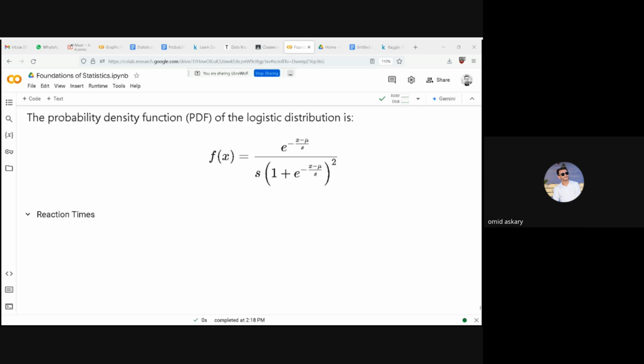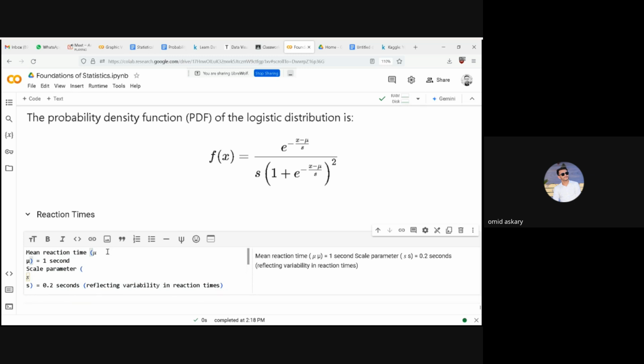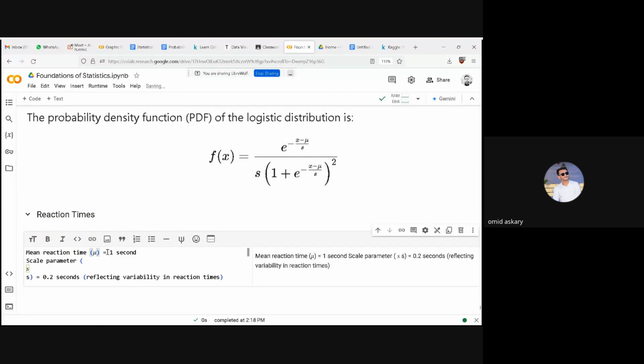You have, for example, a mean reaction time, assuming that it's 1 second, and you have a scale parameter reflecting variability in different reaction times. It is 1 second, and the scale parameter, which is s, is 0.2 seconds.